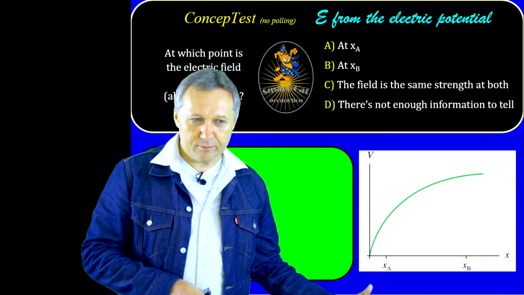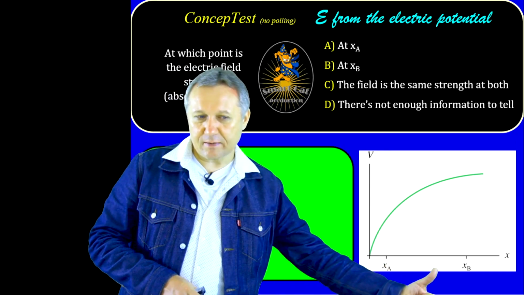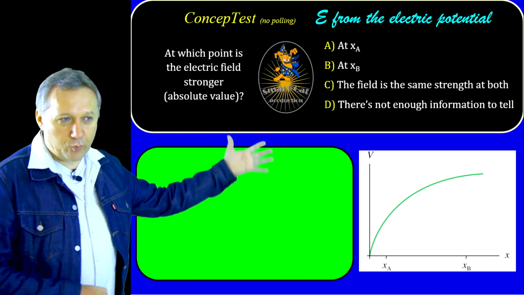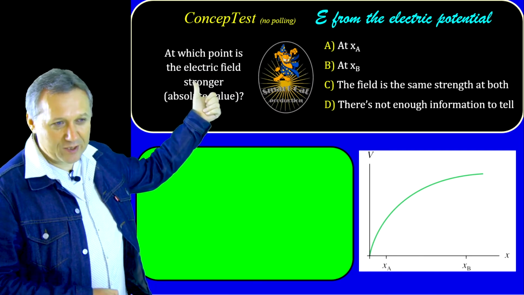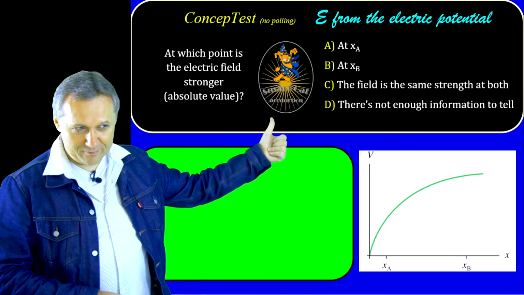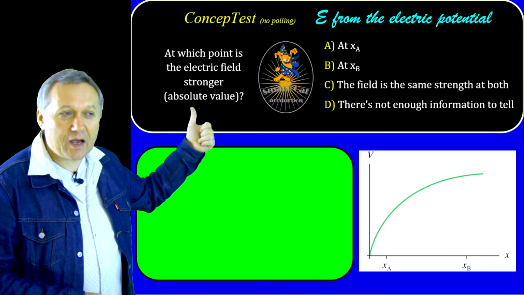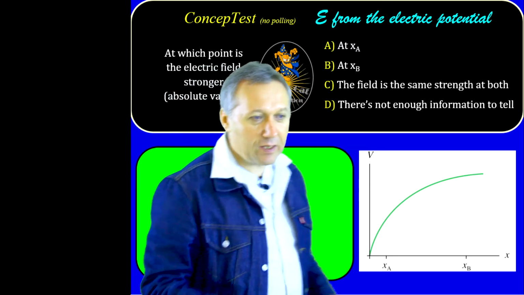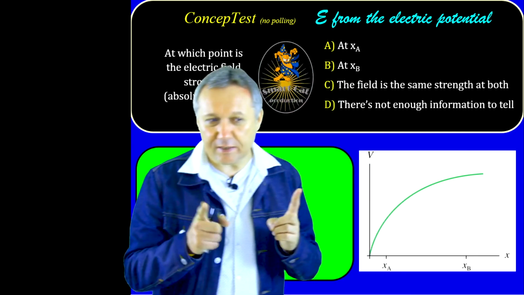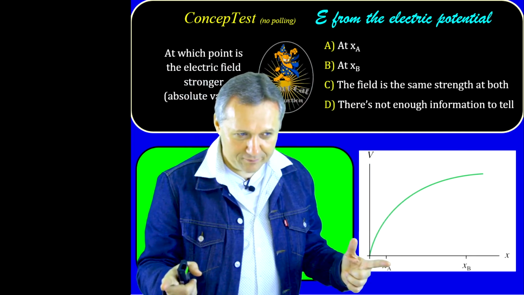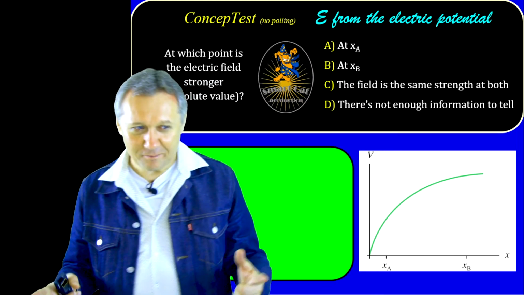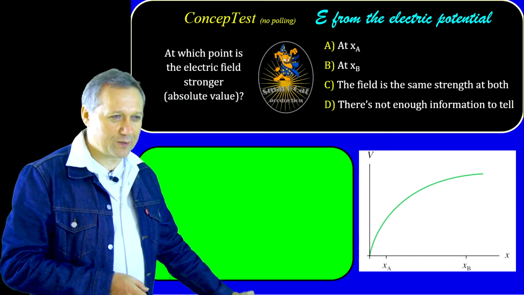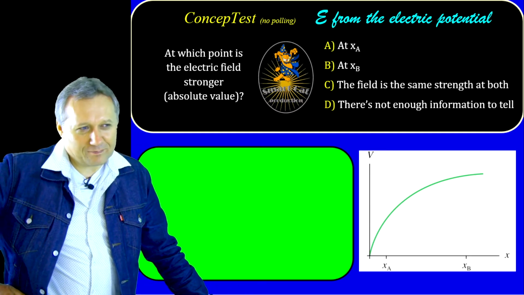And we have 2 points, x sub a and x sub b. So based on this information, at which point is the electric field stronger? And I emphasized absolute value. So we don't care if it's a positive direction, negative direction of the electric field. We just want to know at which point the electric field is stronger. Think for, I don't know, 10 seconds. It should be enough in order to come up with an answer.